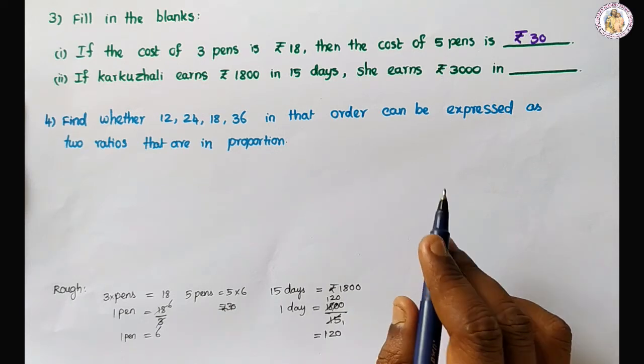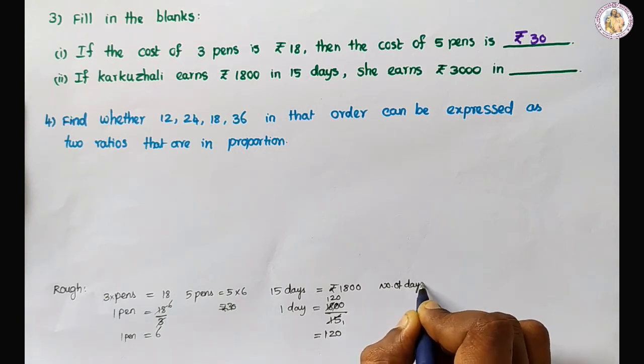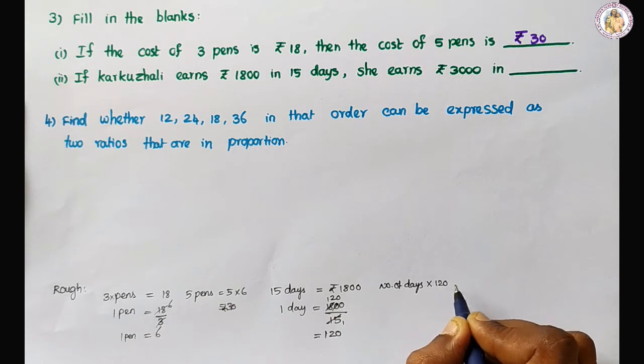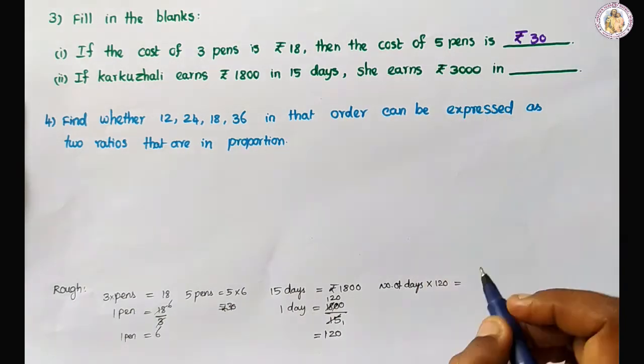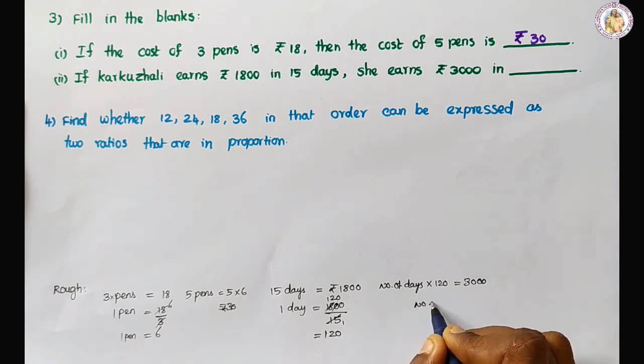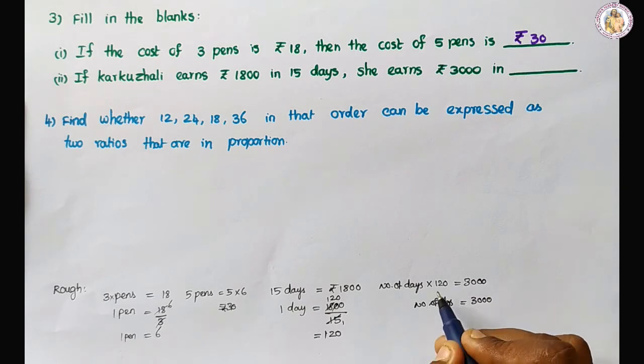She earns number of days into 120 equal to 3000. So number of days equal to 3000. Here 120 is in multiplication.